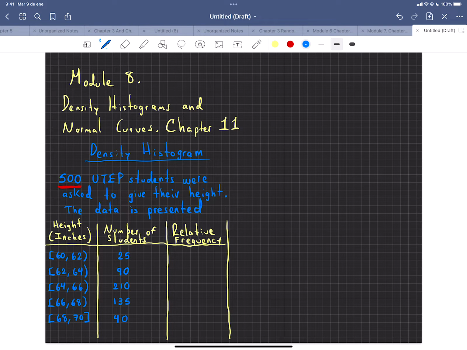So here we're going to divide 25 over 500, 90 over 500, 210 over 500, 135 over 500, and 40 over 500.